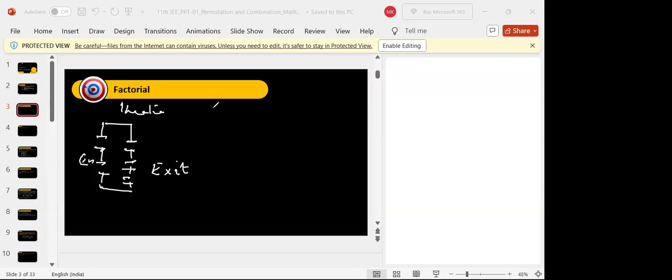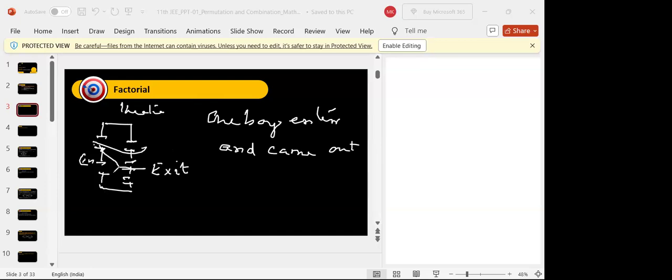My question is, one boy enters and comes out. In how many ways is it possible? Correct, it is 6 ways.